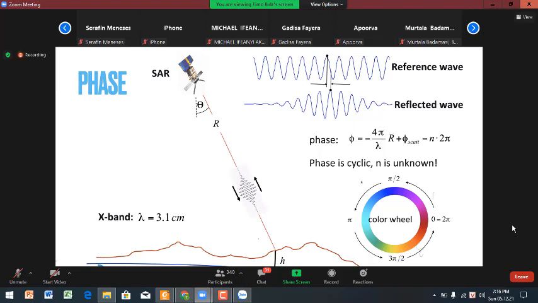And the phase also plays a role when we sum up the different contributions inside a scatterer, whether they are summing up positively or negatively. So it's a very important property of a SAR image, and we will talk about it a lot in interferometry, where we basically only look at the phase at the end.